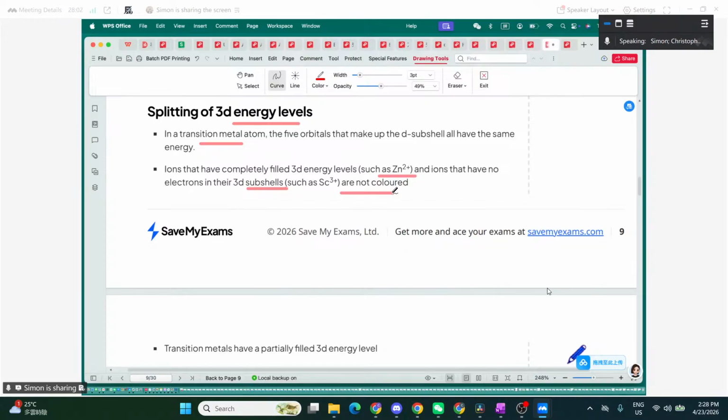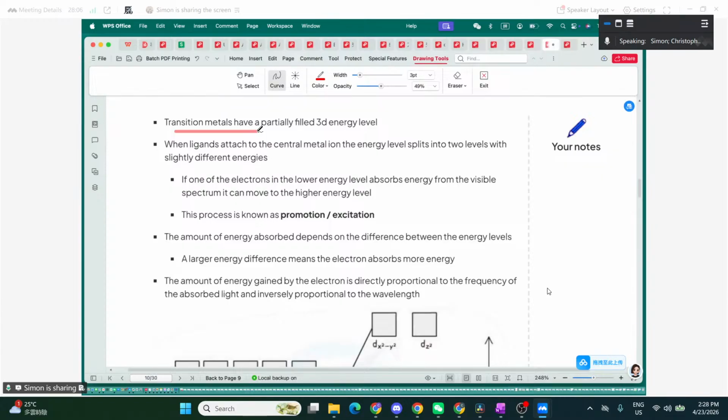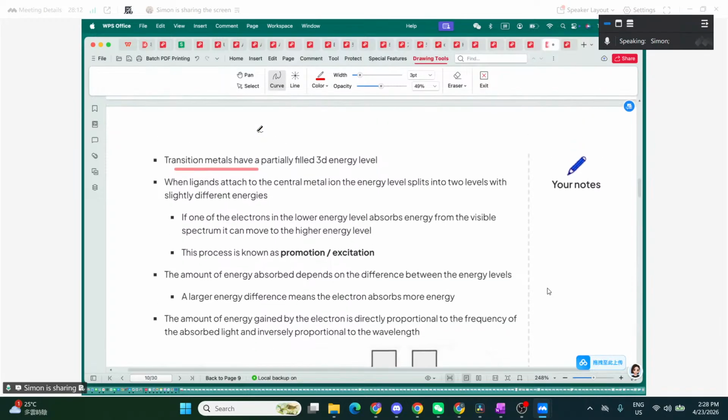We know the transition metals have a partially filled 3d energy level. If one of the electrons in the lower energy level absorbs energy from the visible spectrum, it can go to a higher energy level.